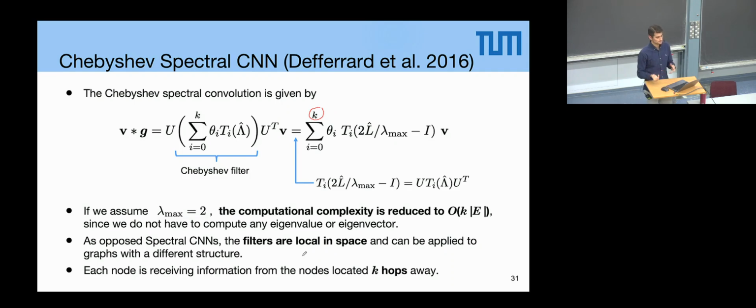So after truncating our filter like this, we don't have a global receptive field anymore. It's a local receptive field. But that also has the advantage that this can work with different kinds of graphs, because we are not considering the graph as a whole, we are just considering it locally. We can train it for different kinds of graphs, and it will still work at inference.